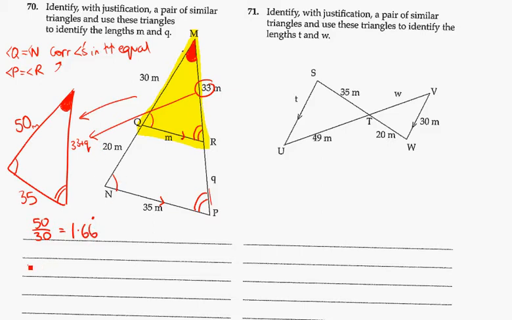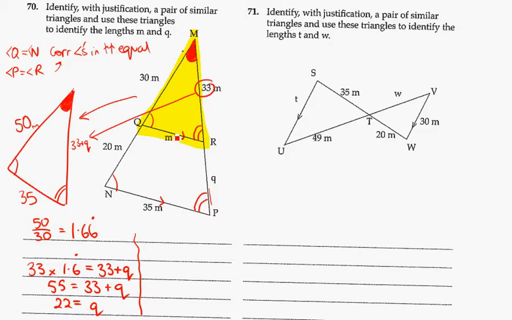So 33 times 1.6 recurring has given me an answer of 33 plus Q. So if we work out the left hand side, we get 55 equals 33 plus Q, and hopefully you can see from that 33 plus 22 is going to give me 55.